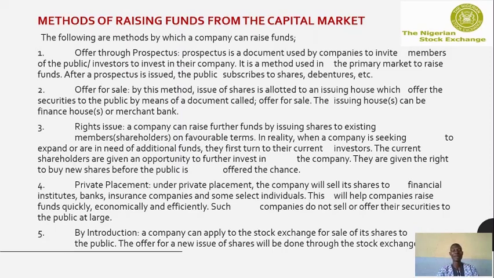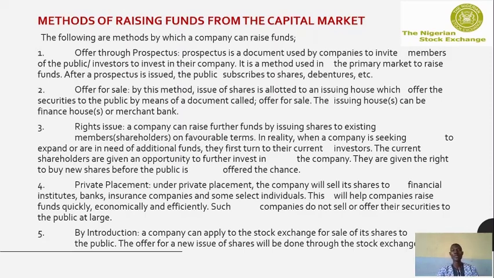Then number 5, by introduction. So we listed 5 methods of raising funds from the capital market: 1, offer through prospectus. 2, offer for sale. 3, right issue. 4, private placement. 5, by introduction.